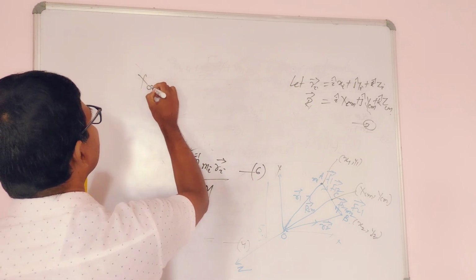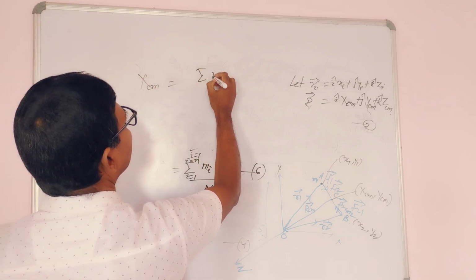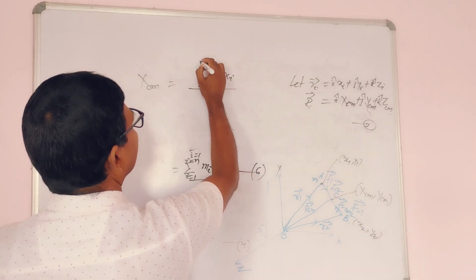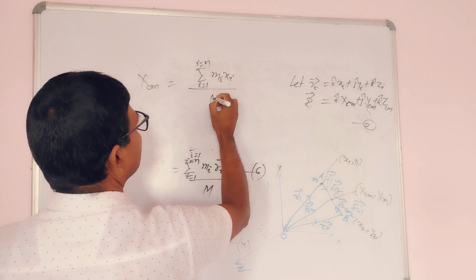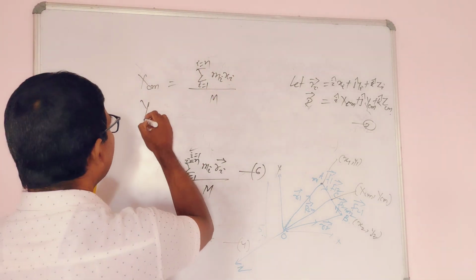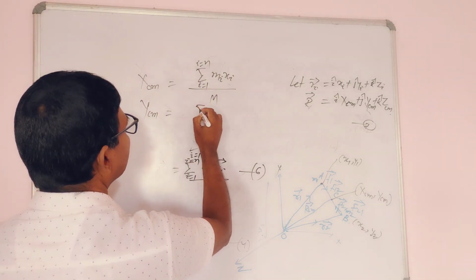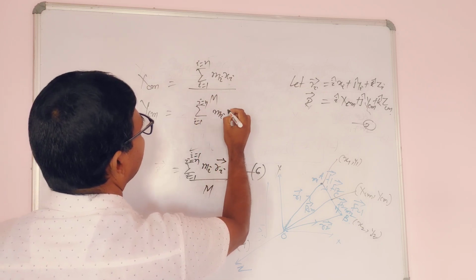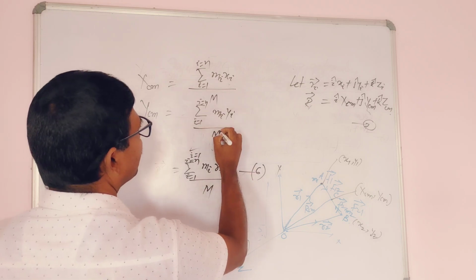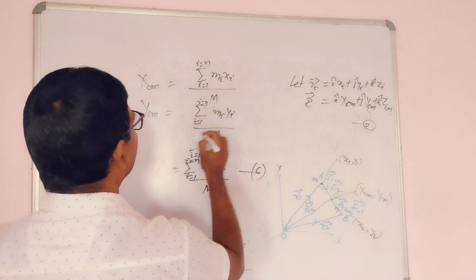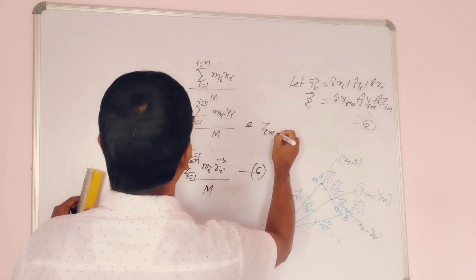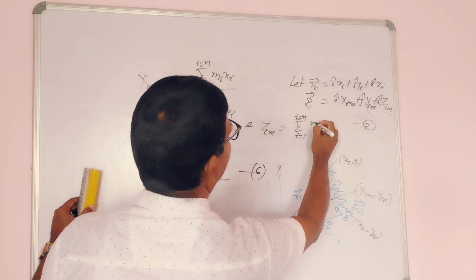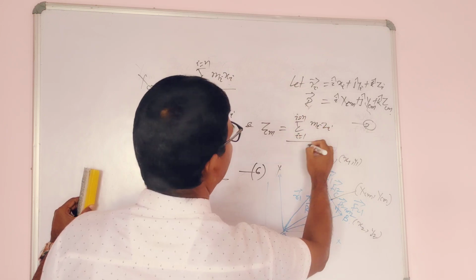For xcm, you will write the summation of mi xi, i = 1 to n, divided by M. Then for ycm you will get the summation of mi yi, and for zcm you will get the summation of mi zi, i = 1 to n.